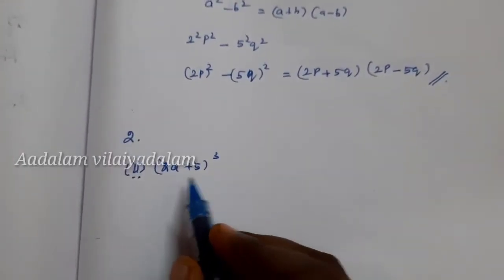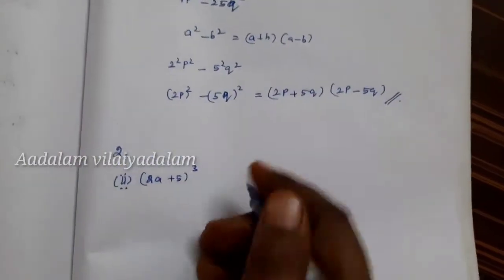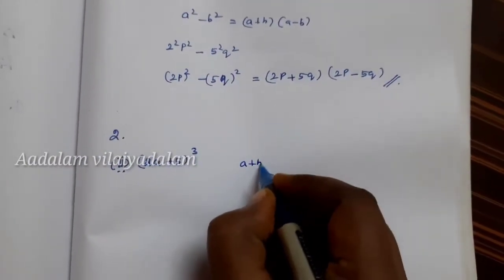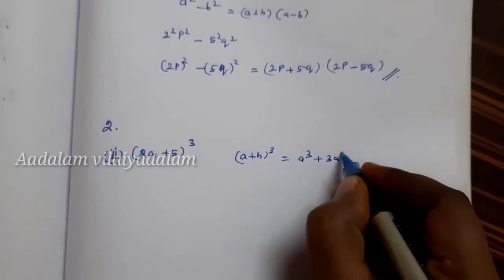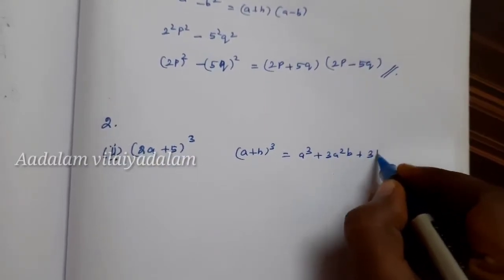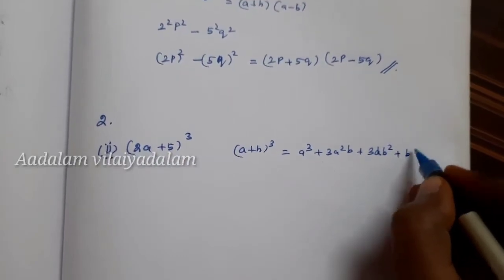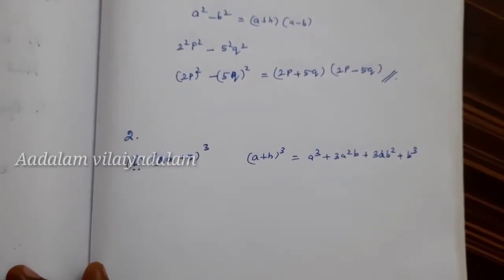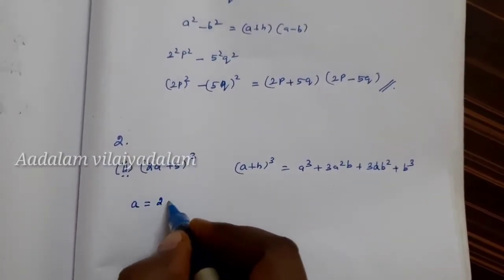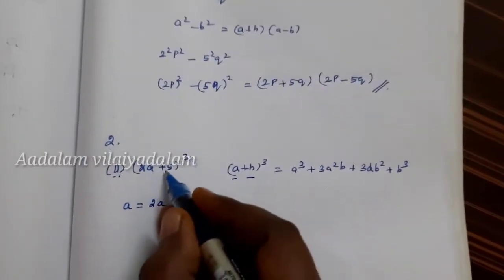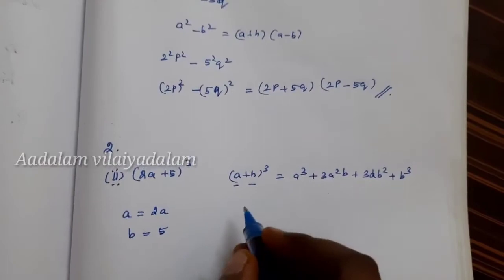So the suitable identity for this cubical formula is (a plus b) the whole cube equals a cube plus 3a square b plus 3ab square plus b cube, we can remember. Here the a value is 2a and the b value is 5. So we can substitute these values in the formula.